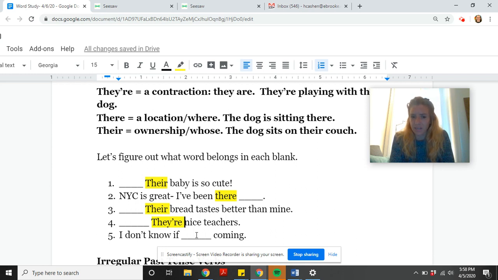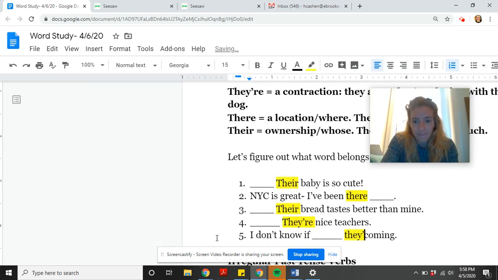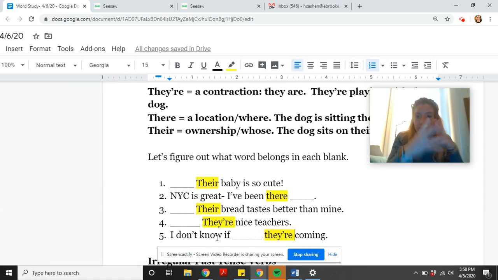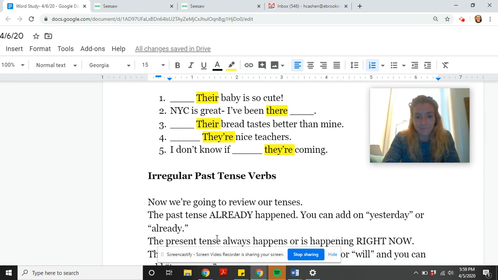No, it couldn't. So the answer must be they're, because I can stretch it out to be they are. All right, just to remind you, they're shows those two words. There shows where. Their shows whose, like who owns it.